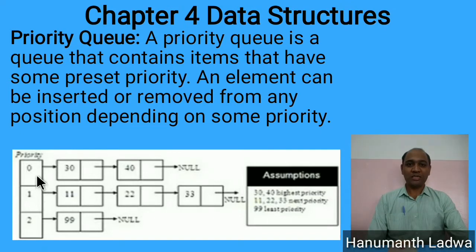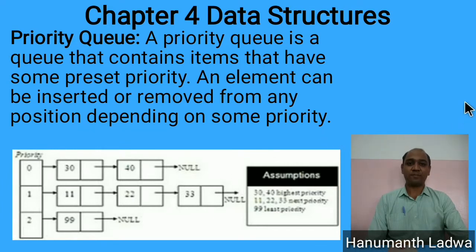Here 0 has the highest priority, 1 has the next priority, and 2 has the least priority. Priority 0 consists of two data items, 30 and 40. So both of these will be served first, then the first priority elements and then the second priority elements.